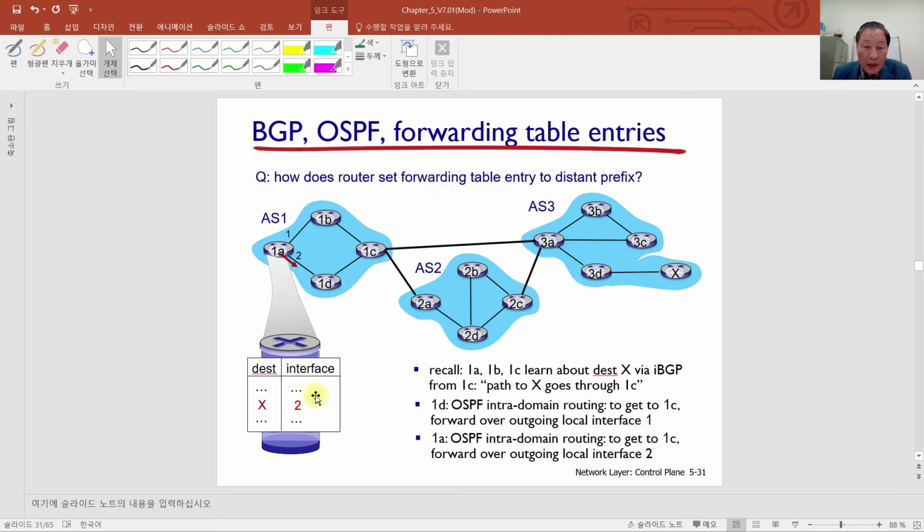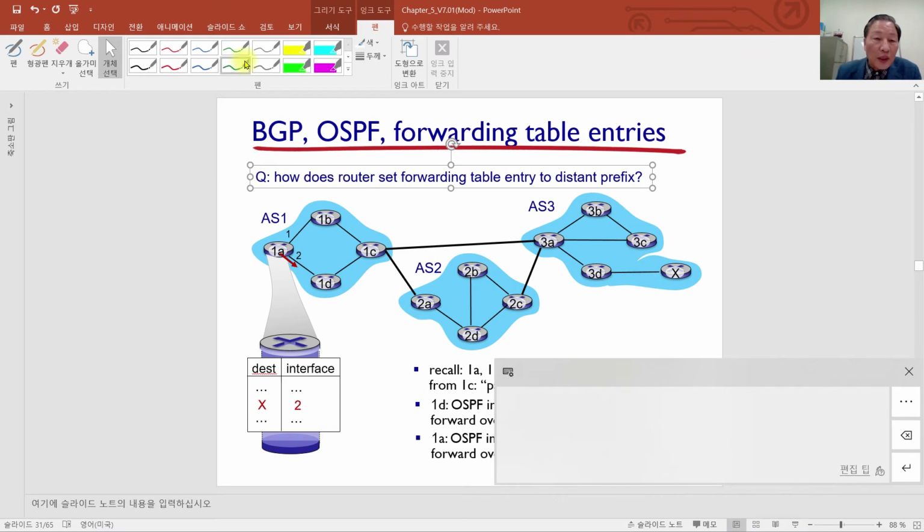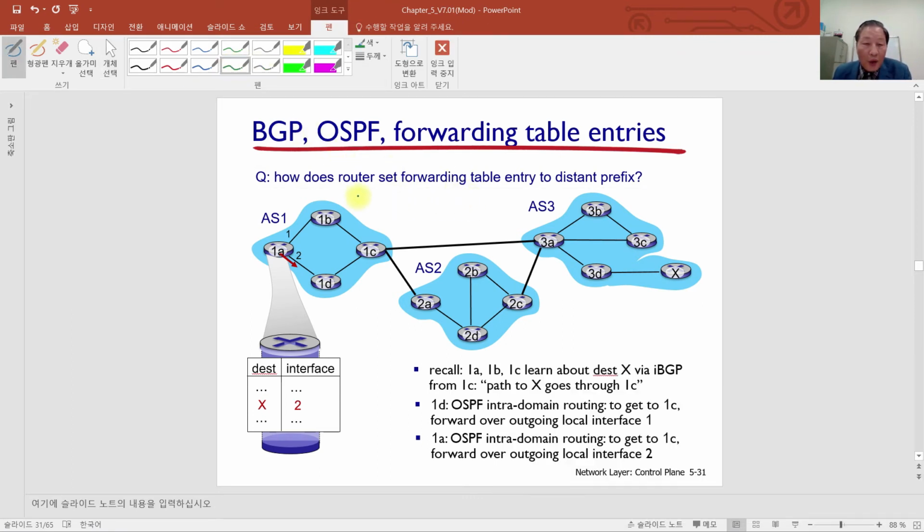And this entry, okay, another question here. How does a router set a forwarding table entry to a distant prefix? Let's assume there was nothing about that entry, and it was put in here. This one is explained here in this way.